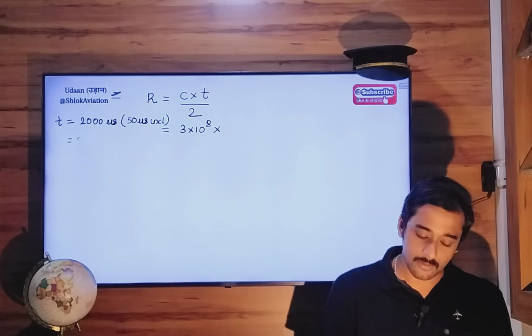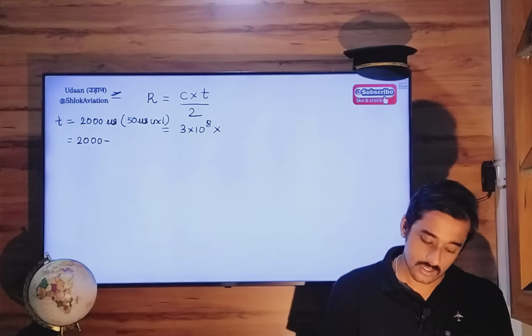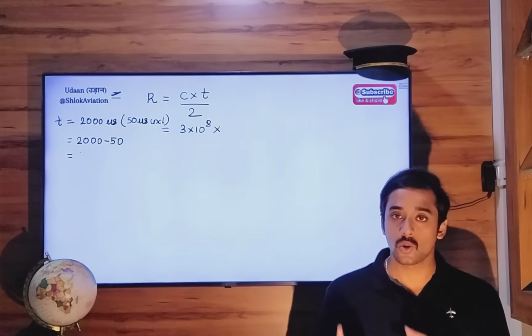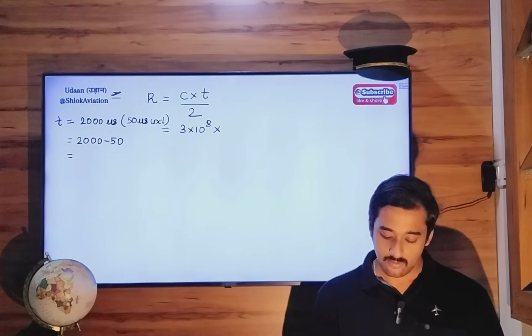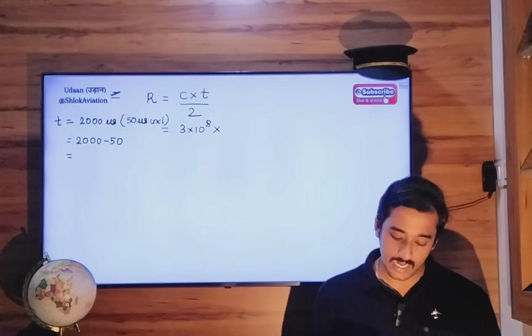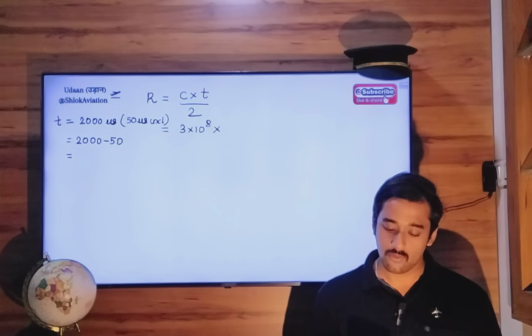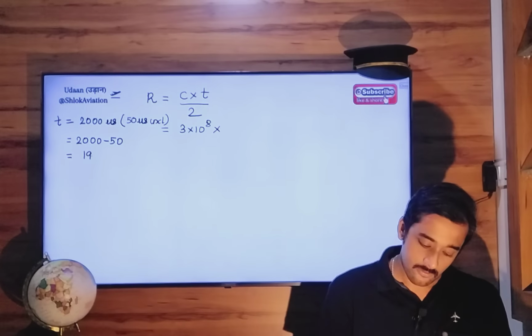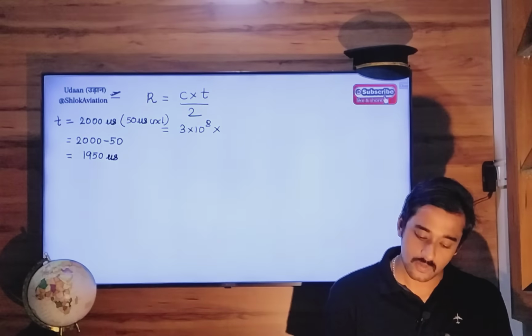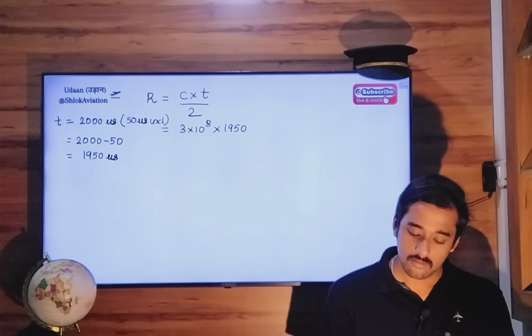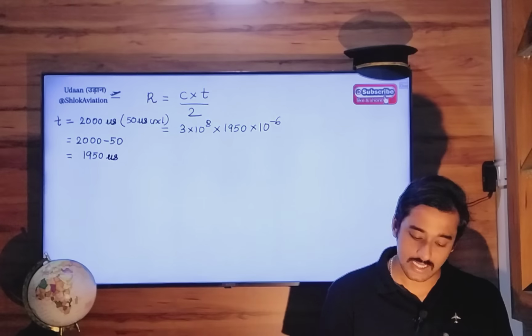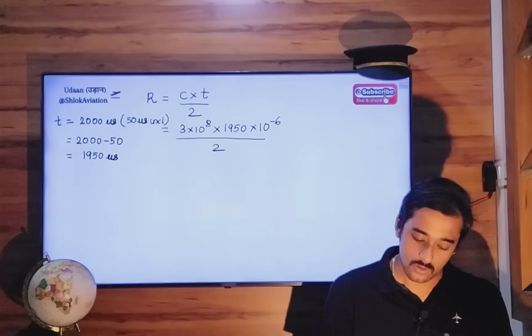So we are going to subtract 50 from this. The actual time to go and come back, ignoring the delay, will be 2000 minus 50, 1950 microseconds multiplied by 10 raised to minus 6 seconds divided by 2.